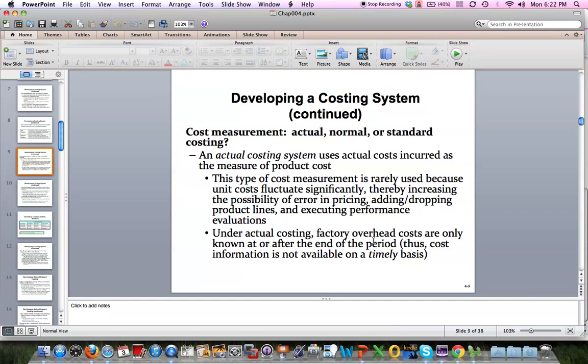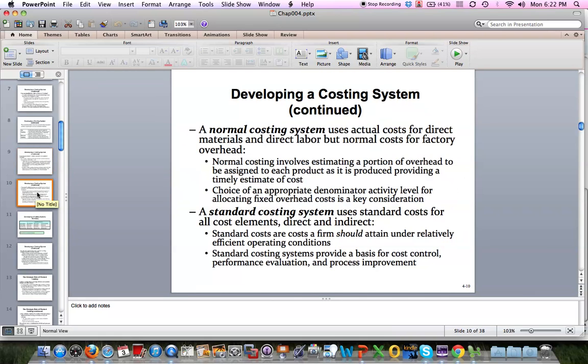That means I really can't price my products, or cost my products I should say, until I have all that accurate information. So while it is very accurate, we can make some bad decisions because of cost fluctuations. We might make a bad short-term decision that affects us negatively long-term, and I have to wait a long time to get all the actual data. So those are a couple of reasons why we don't use it a lot.